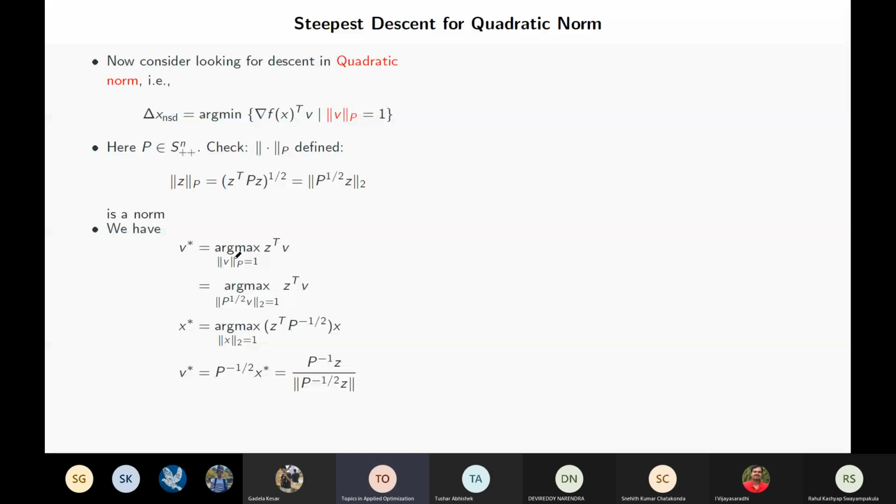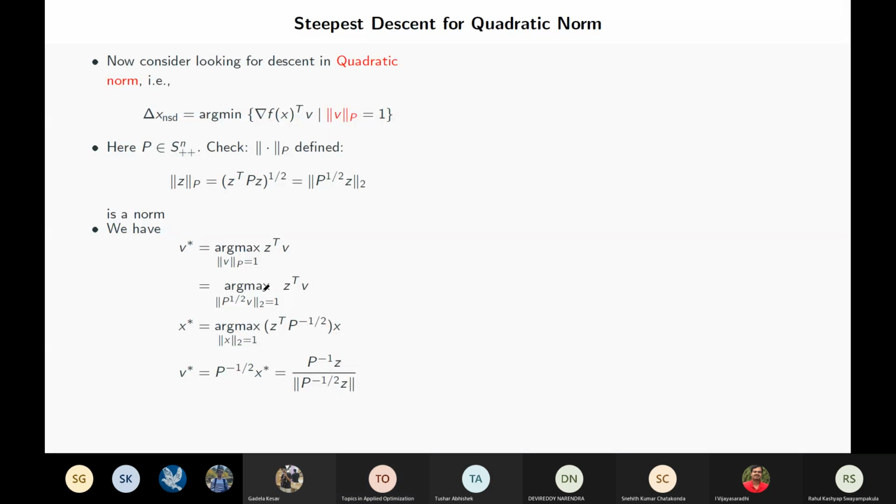Now let us see what this quantity is. I define v star to be the arg max of z transpose v, under the condition that the P norm of v is 1. We want to maximize z transpose v.